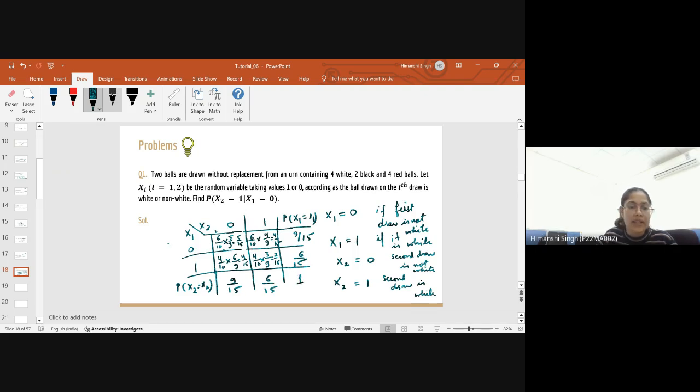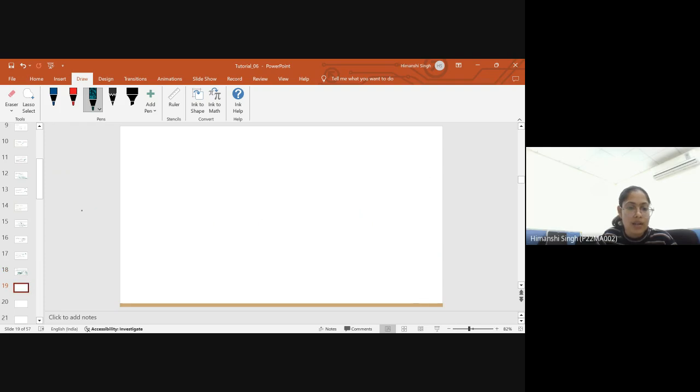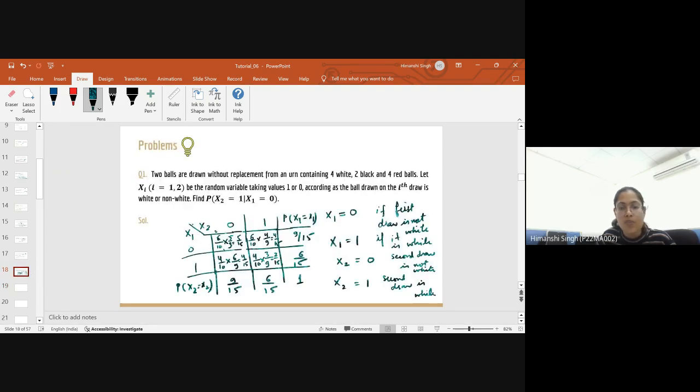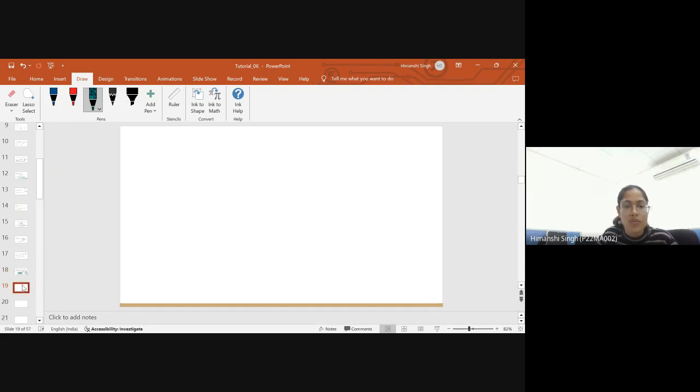So what I need to calculate first is the probability of x2 equal to 1 given x1 equal to 0. So I need to find the probability x2 is equal to 1, x1 is equal to 0, divided by probability x1 is equal to 0.